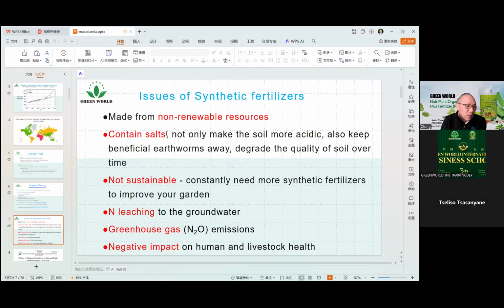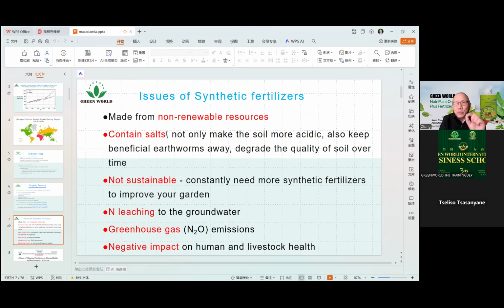So this is a big problem with chemical fertilizer. We want to reduce chemical fertilizer, not totally. We still need it. If we are not registered as organic farming, you may still need to use some conventional fertilizer.